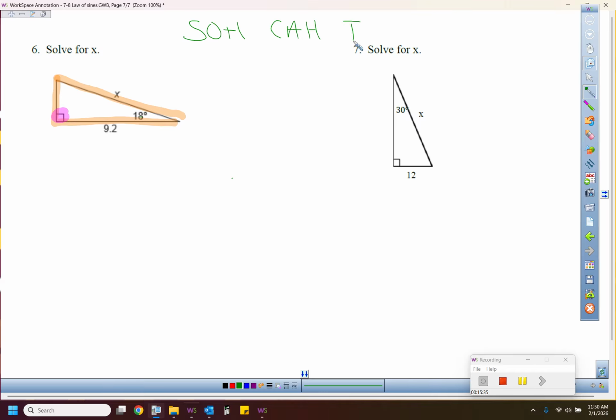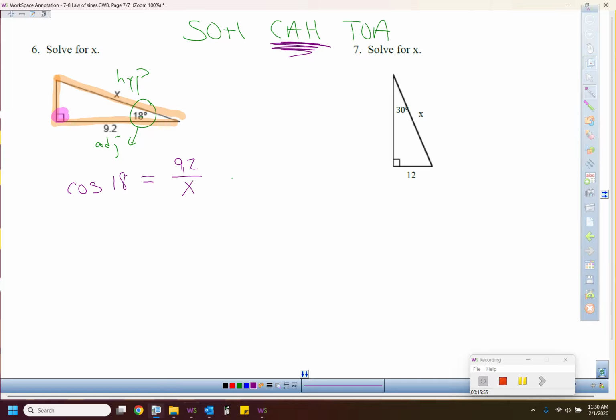SOHCAHTOA will be one of the easier ways to do this. Focusing on this angle measure, this side is adjacent to it, and this side is the hypotenuse. So we'll set it up. Adjacent and hypotenuse is the cosine. So the cosine of the angle measure equals adjacent over hypotenuse.